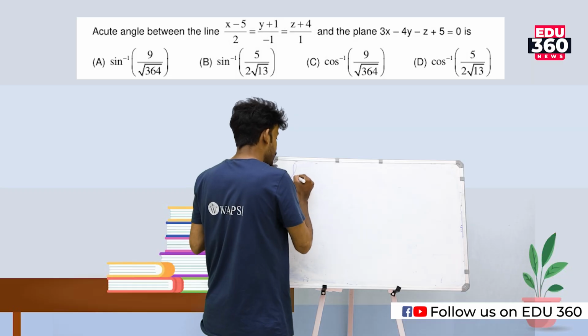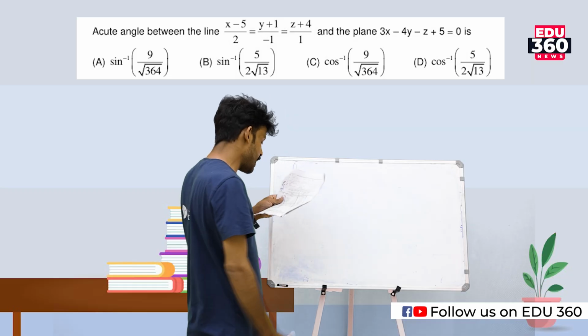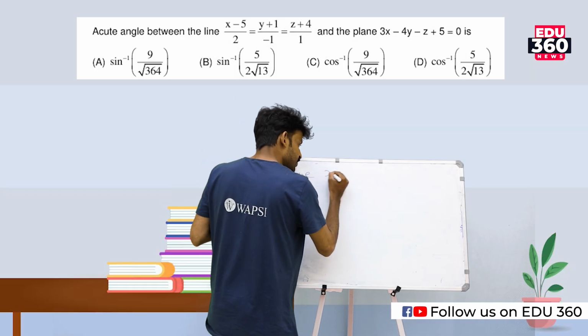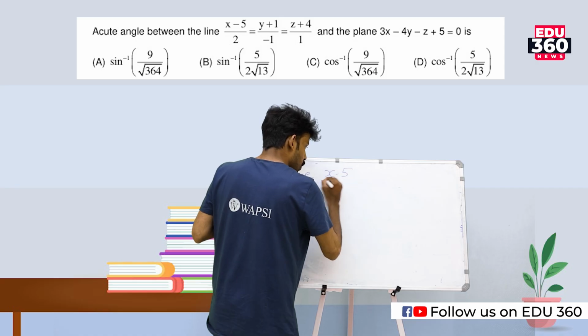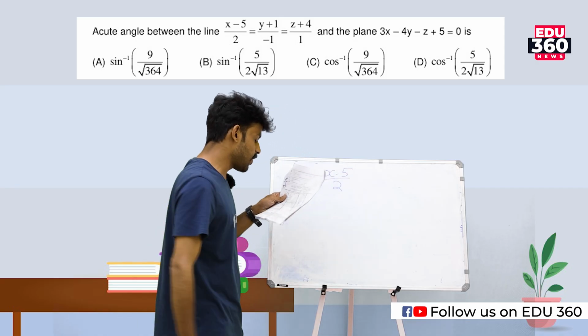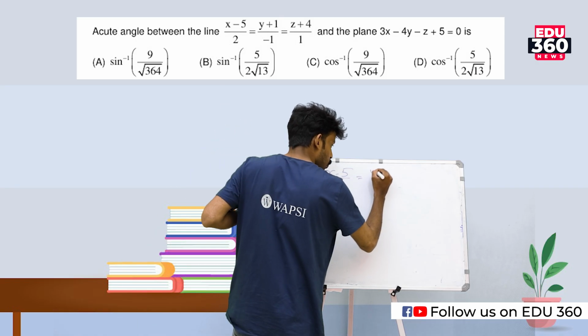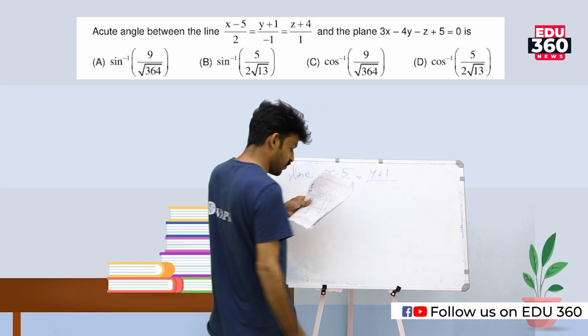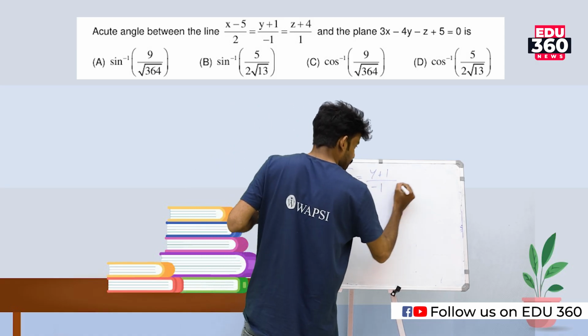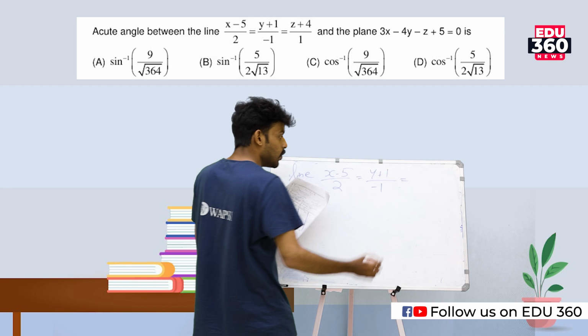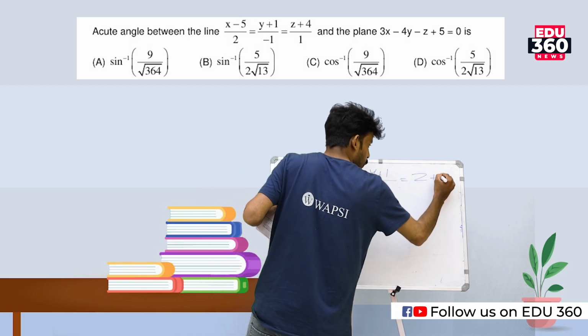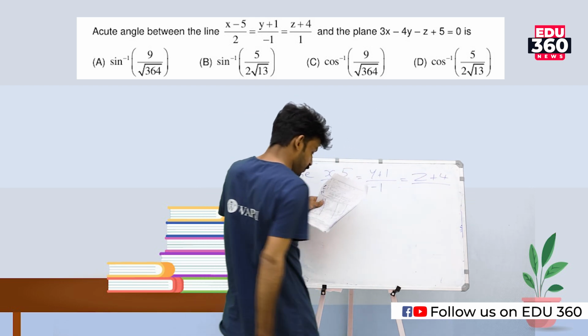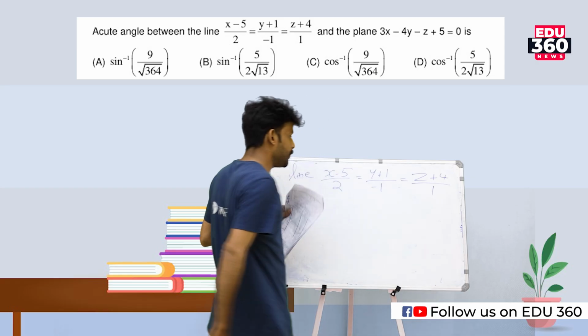So first of all, let us write the line. For the line, it is given (x minus 5) by 2 is equal to (y plus 1) divided by minus 1, which is equal to (z plus 4) divided by 1.